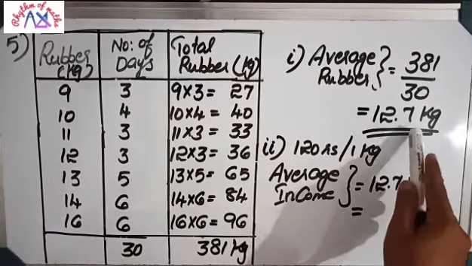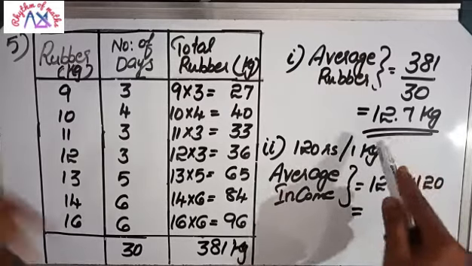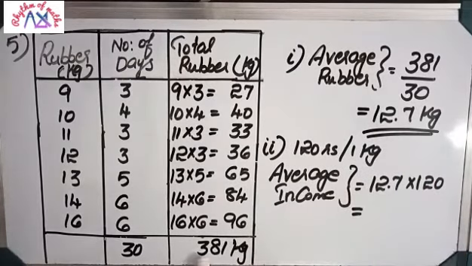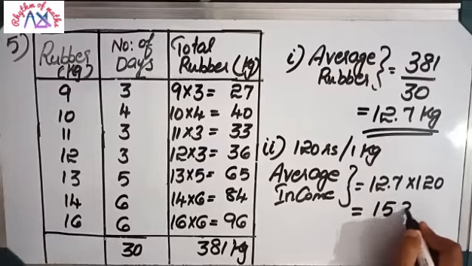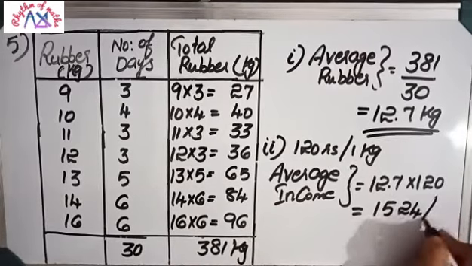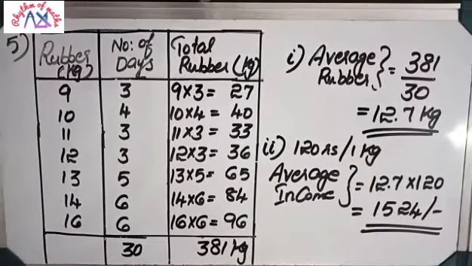That's why we are using average weight. If it is total income, we will use 381 because total weight is 381. So here 12.7 is enough. Now when you multiply this, we will get the answer 1524 rupees. This is the average income of this farmer.